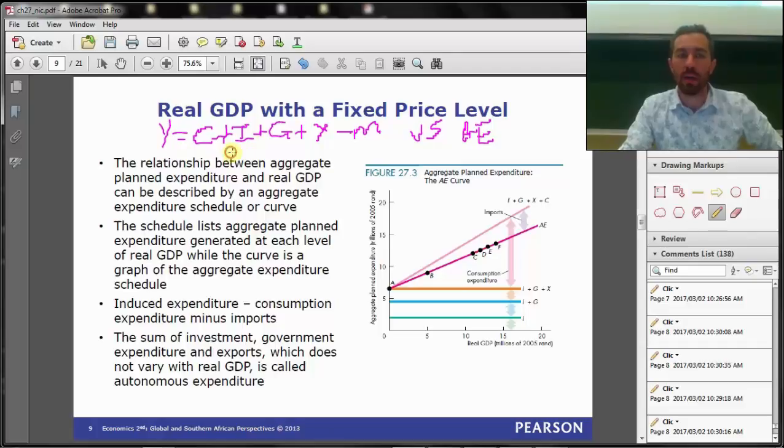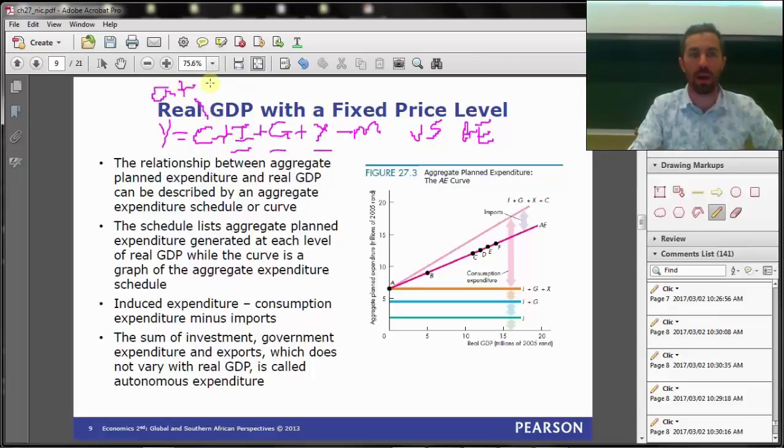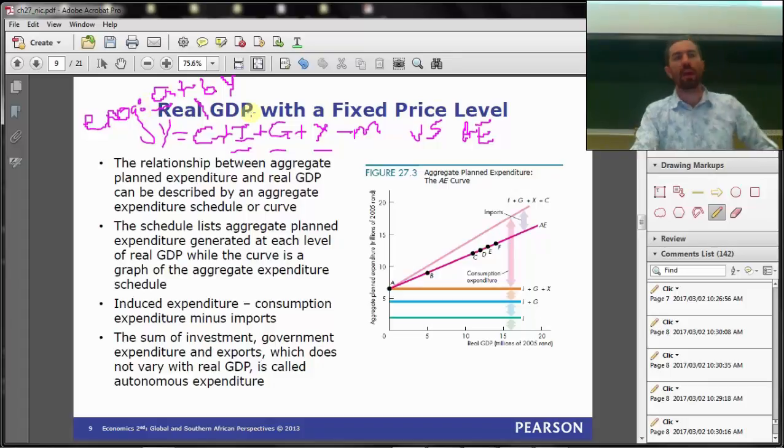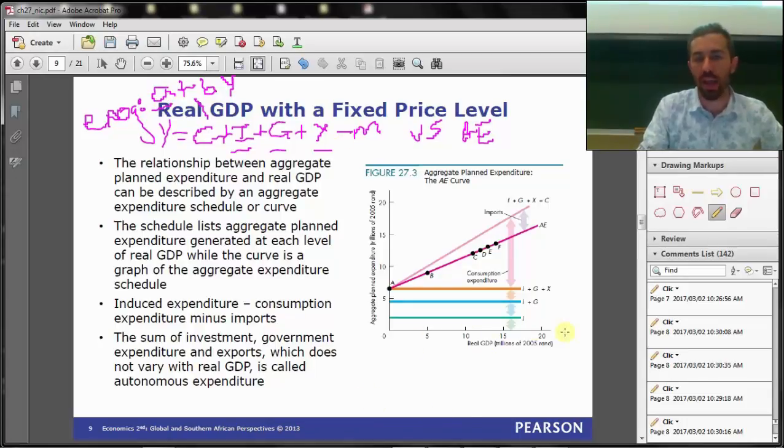So we're going to treat I as exogenous, we're going to treat G as exogenous, and we're going to treat X as exogenous. And in terms of our consumption function, which is made up of two components, A plus BY, A is also exogenous. If A is exogenous, and any other variable being exogenous, what this means is that as we change the level of Y, the level of these exogenous variables stays constant.